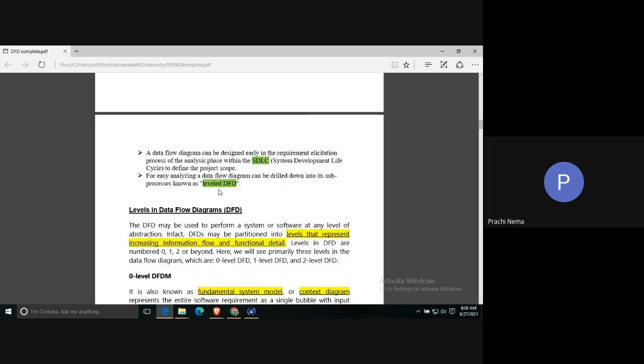So in the analysis phase itself, that is the starting of the cycle or the starting of the project, you can draw your DFD. You just need to gather the requirements. You need to plan roughly what your system is going to be, what your process is going to do, what will be your data repositories. So all that you can represent using your DFD.